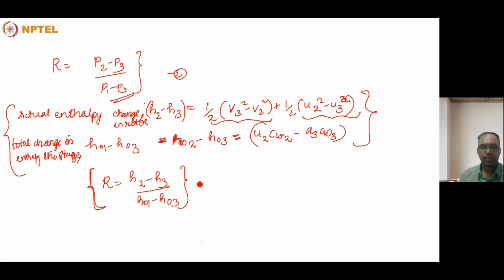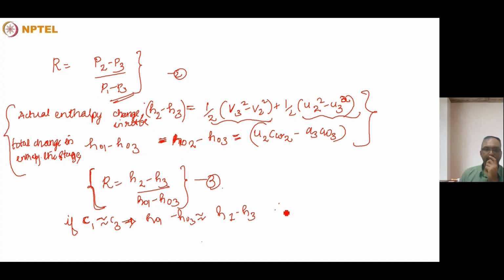So this is yet another equation. If we can assume that C1 is approximately equal to C3, then H01 minus H03 will be approximately equal to H1 minus H3. Therefore, degree of reaction can be written as H2 minus H3 divided by H1 minus H3.